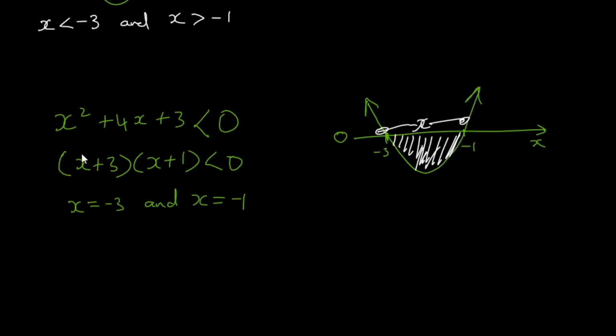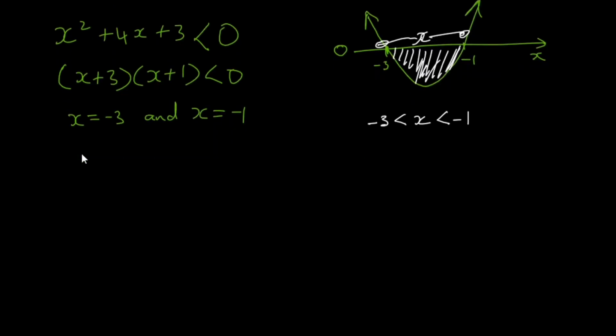It would say, since x is in between, -3 less than x less than -1. It means that the values of x for that expression to hold are actually between -3 and -1.